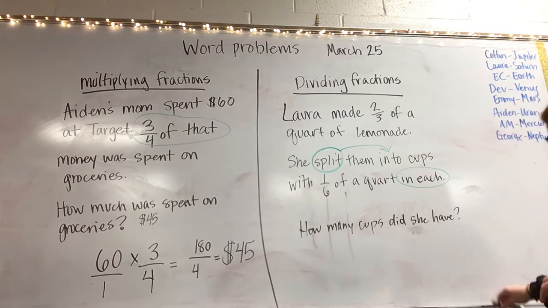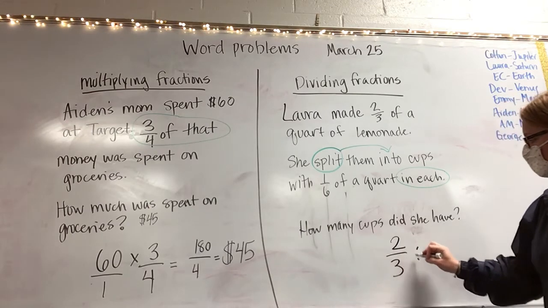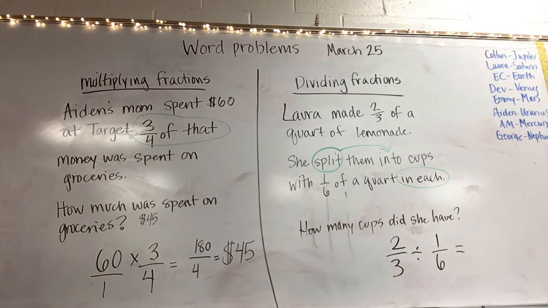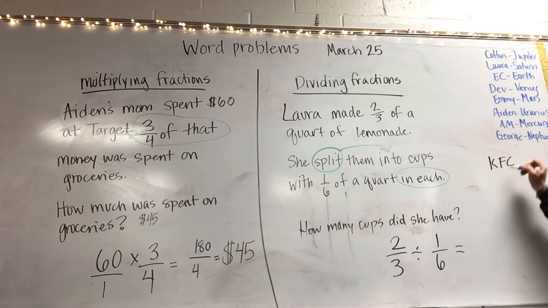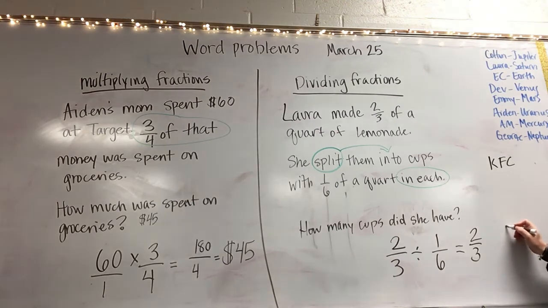All right, so let's look at this one. You have 2/3 divided by 1/6. Okay, how do we divide fractions, Kyle? What do we use? What fast food restaurant do we use? KFC, right? Okay, so keep the first one, flip the second one, and change your sign.